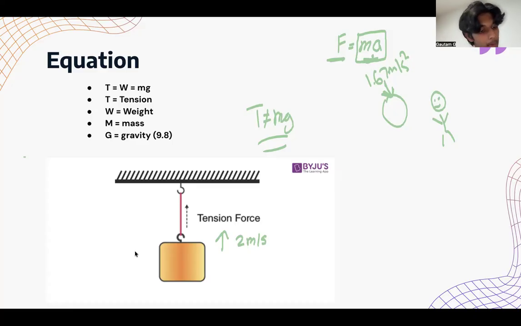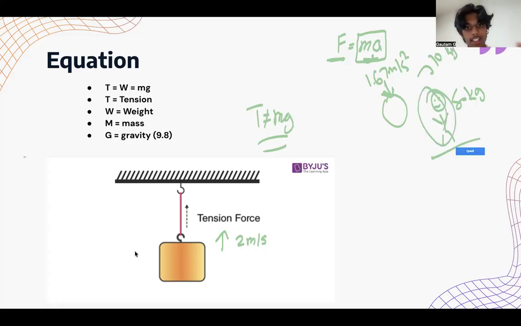Does that make sense? If Bob weighs 50 kilograms on Earth, he would weigh a lot less on the moon, around 10 kilograms or something like that, right? Because his weight changes, but the amount of stuff in his body is still there, right? Does that make sense?